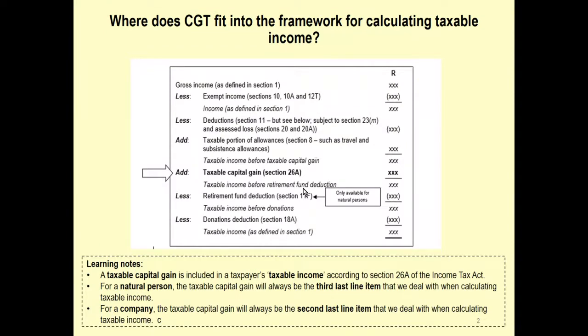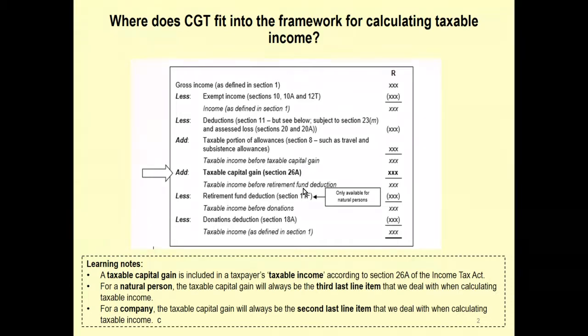Those rules are contained within the 8th Schedule to the Income Tax Act, and the link between the rules we use to calculate a capital gain or loss, which we find in the 8th Schedule, and our framework for the calculation of taxable income is section 26A. Section 26A, if you read it, says we will include into taxable income any taxable capital gain.